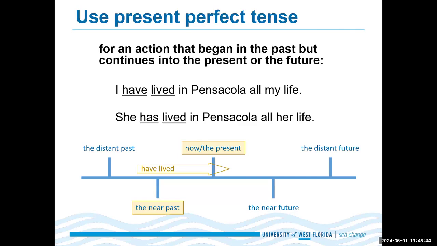So if we try to translate it in Filipino, dito na ako tumira or dito na ako nakatira sa buong buhay ko, parang gano'n. So an action which was lived in the past but still continues into the present or the future.